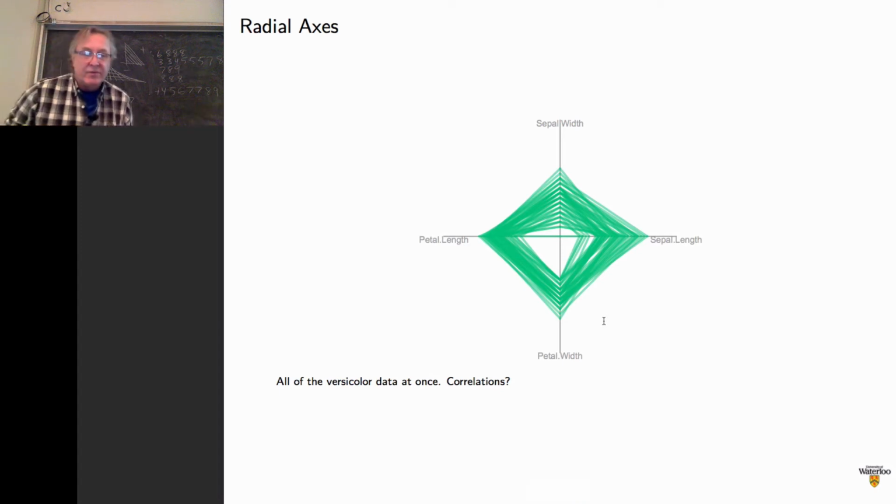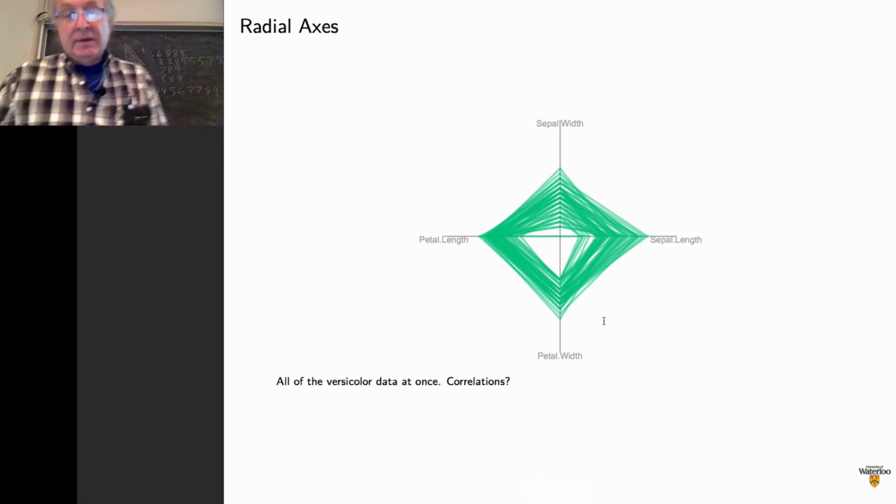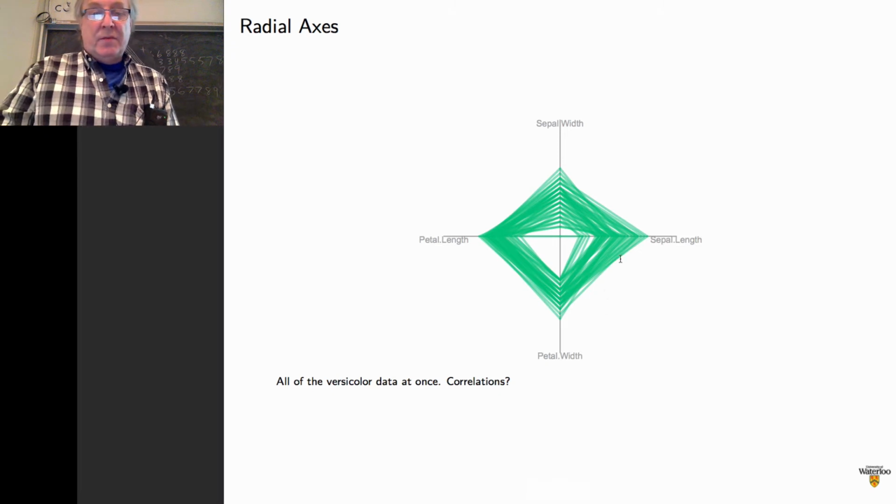So this is the versicolor, which definitely looks a different shape than that. And you can think about the correlations. They're very positive correlations, and maybe not quite so positive here because you see some going down below. This one looks a little more positive.